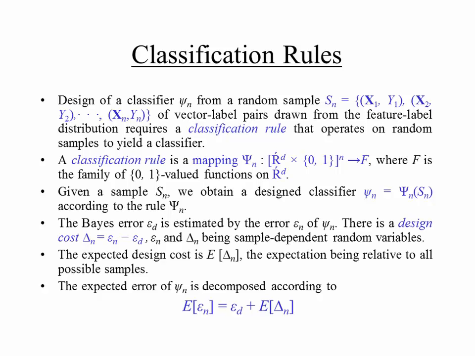In the process, what have you done? You have given up optimality, because your optimal classifier, the Bayes classifier, may not be a linear classifier. So if you're doing a linear classifier, you're not going to do as well as the Bayes classifier, assuming that all the probability densities were given to you.